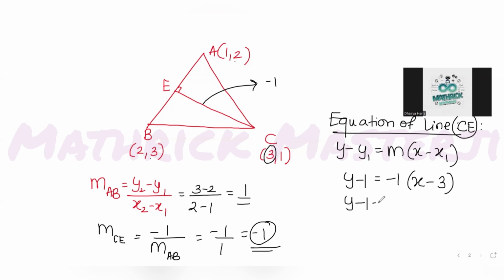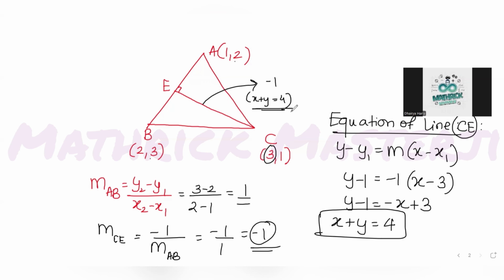So I get y minus 1 equals negative (x minus 3). So x plus y equals 1 plus 3, which is 4. So the equation of this line is x plus y equals 4. Now I have the equation of line CE as well.